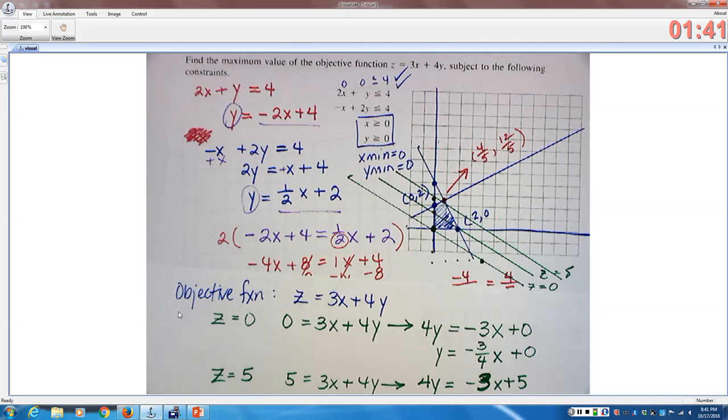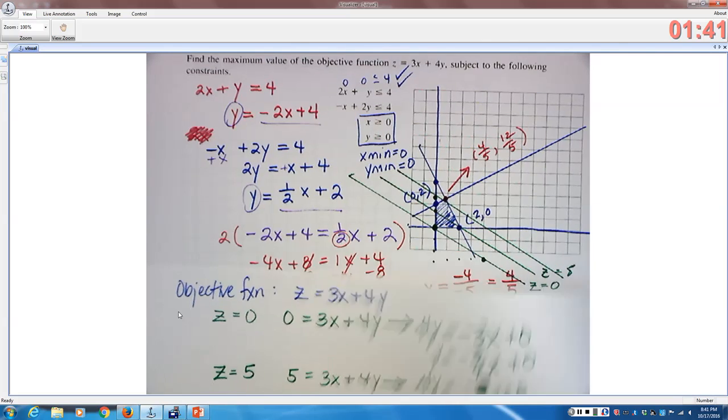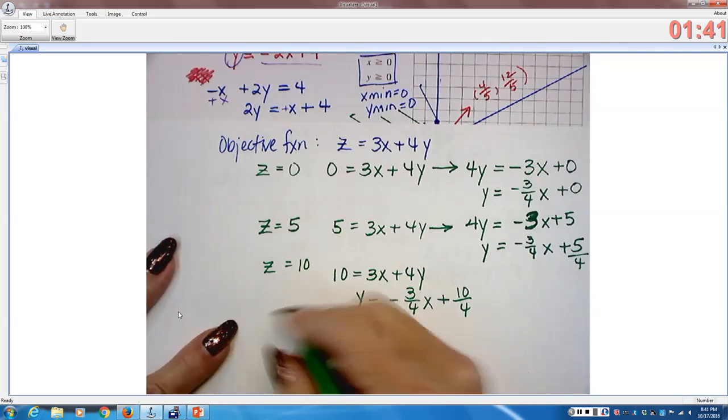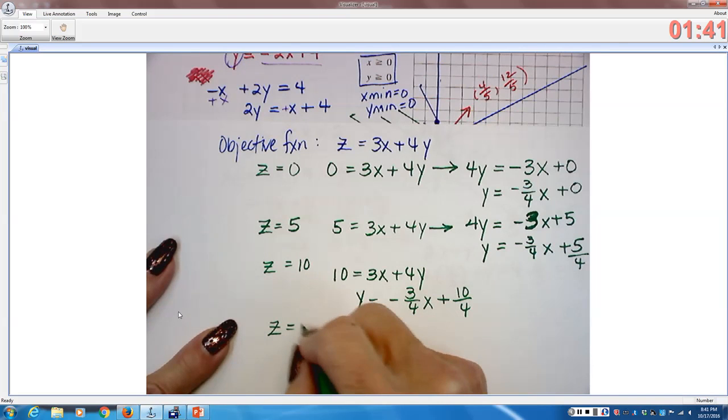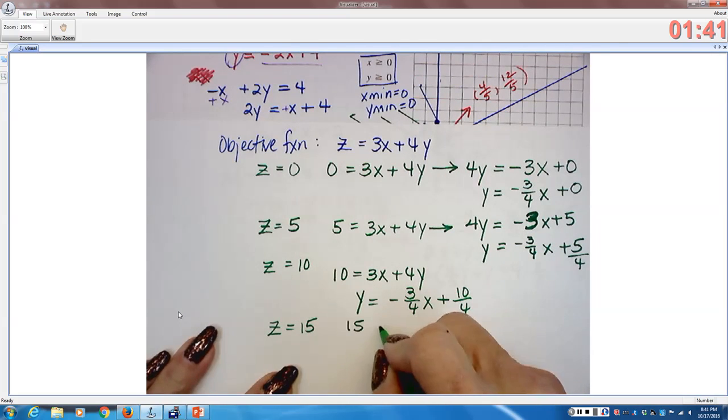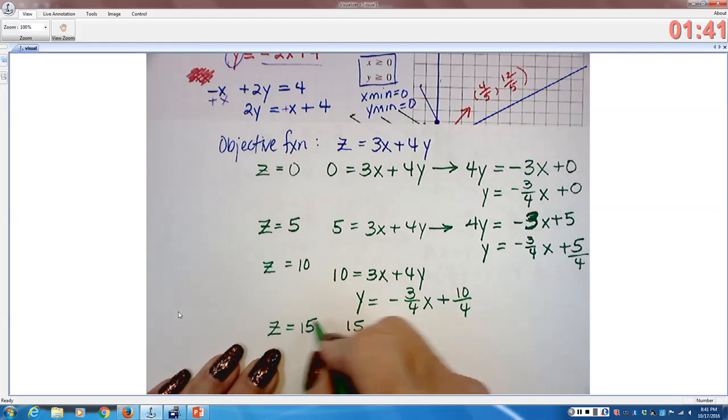If I go to 15, that's why I said there's nothing magic about these numbers. And in fact, if you want it to come out nice and even, you can let it go to 16.